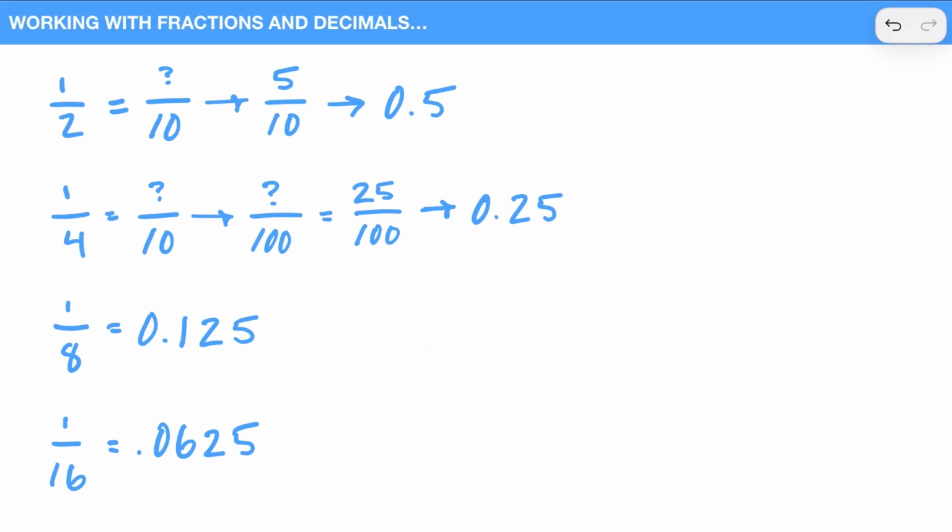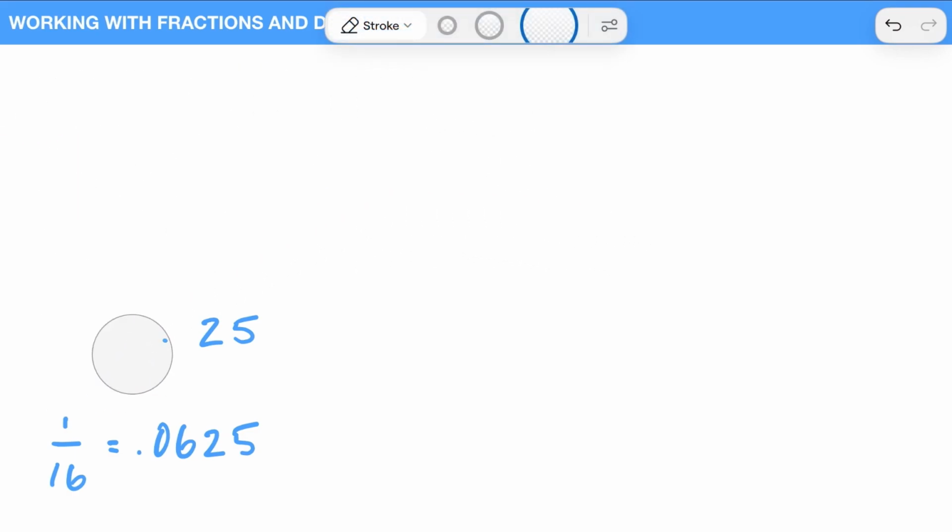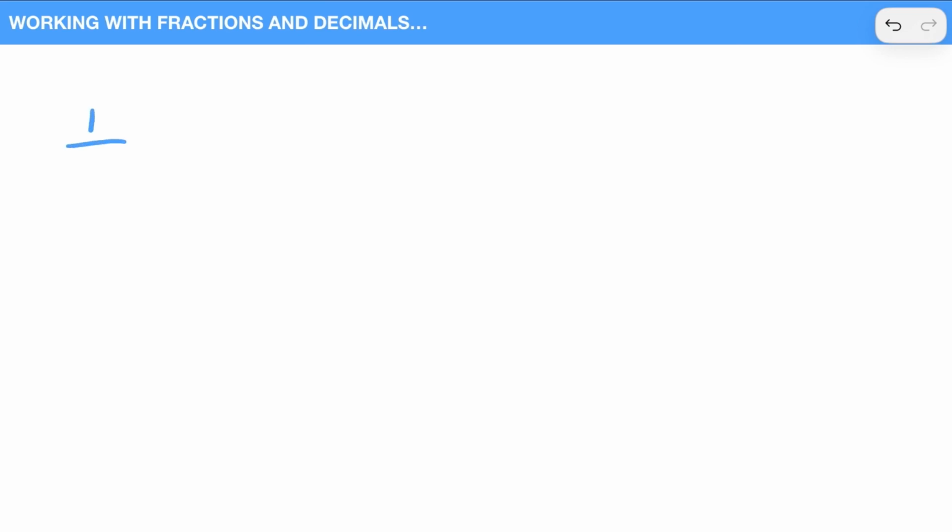Now there's another type of decimal that I want to bring your attention to. These are a little fancier. I want to talk about, for example, what is 1/3 as a decimal?